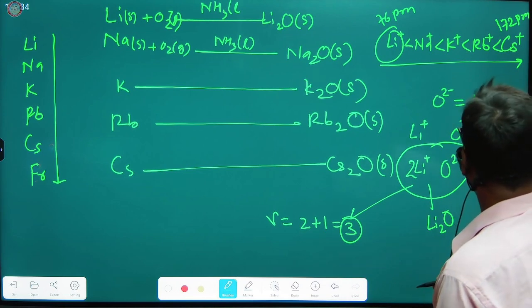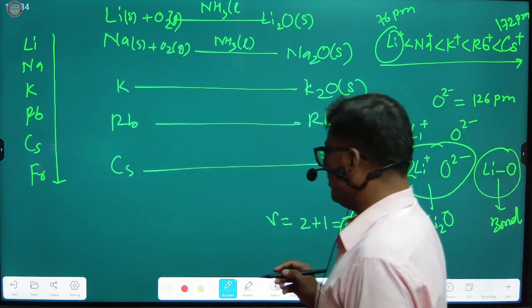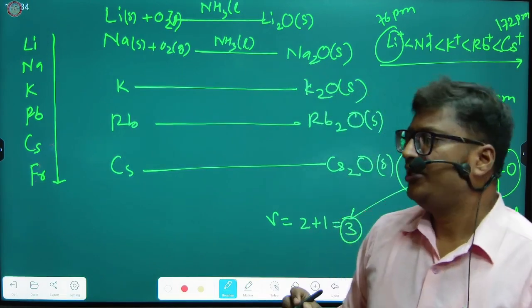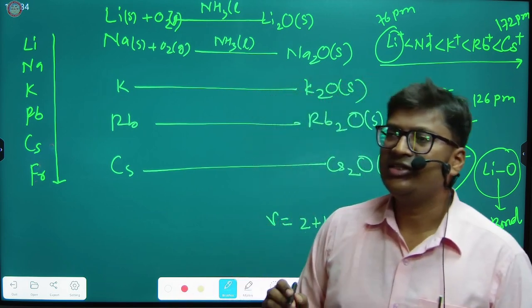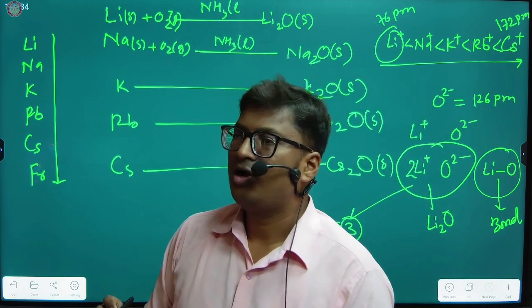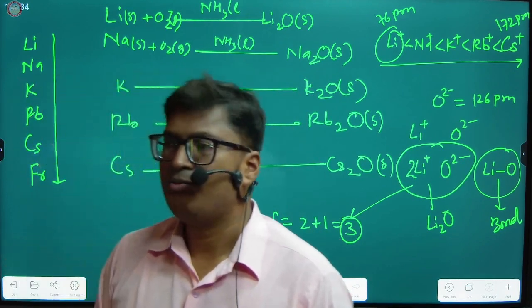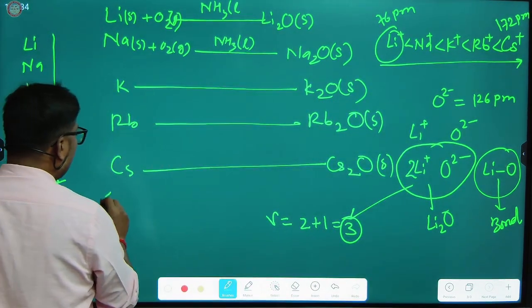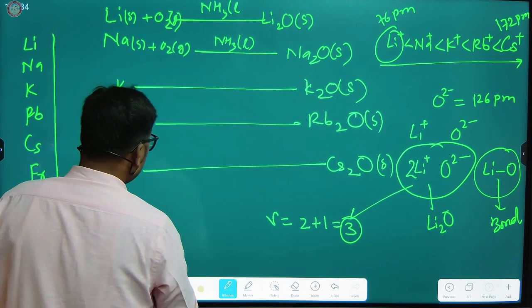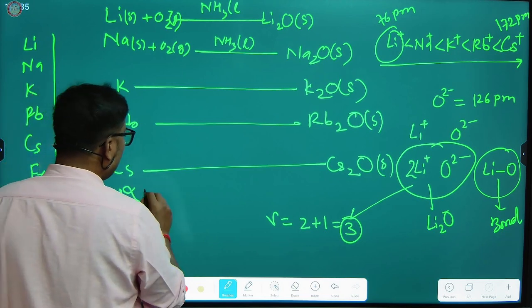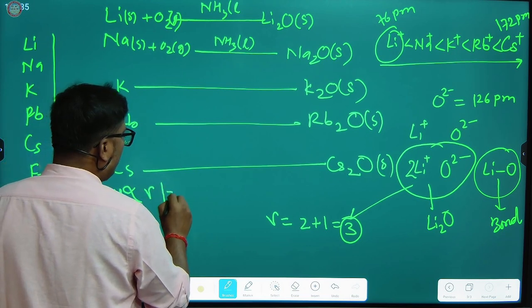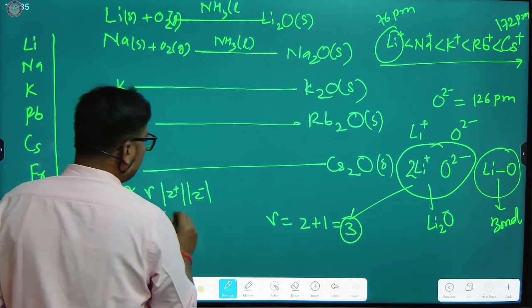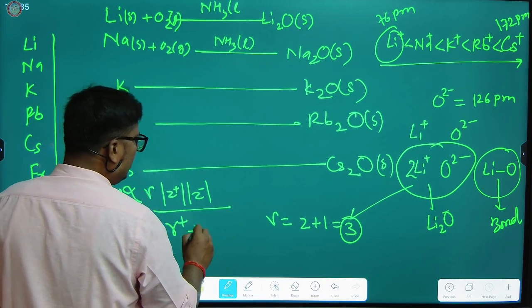Okay, and you know that Kapustinskii equation gives us an idea about the lattice enthalpy or stability of the oxide compounds in case of monoxides. So actually delta HL, lattice enthalpy, is directly proportional to number of ions and product of charges on cation and anion, and it is also inversely proportional to the interionic distance.